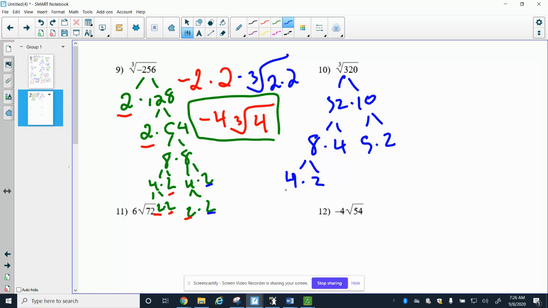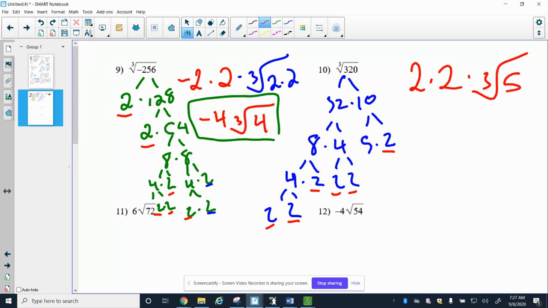Still no groups of 3. 2 and 2. 2 and 2. Okay, so remember, we're only looking at the last legs here, so the rest of this doesn't matter. Okay, so 1, 2, 3. So that's 2. 1, 2, 3. Great, we got another one. And then the only other thing we have is a 5 times root 5. For answer, 4 cube root of 5.